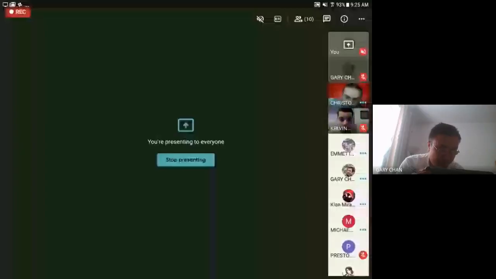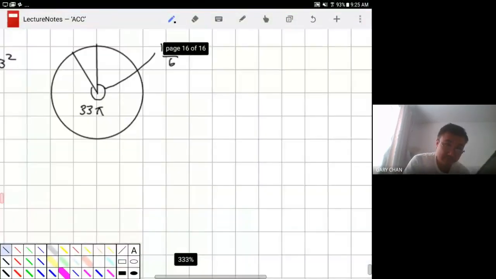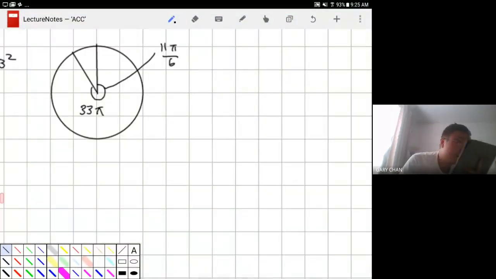What is the area of the circle? All right, so I'm going to go back to the tablet. So guys, we're asked to find out what is the area of the circle, right?